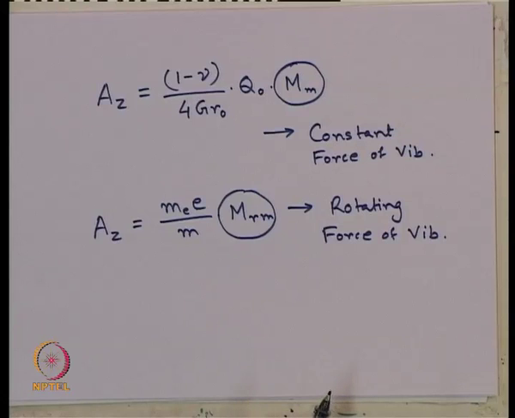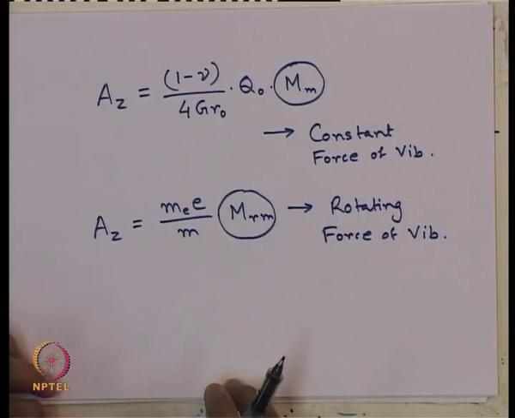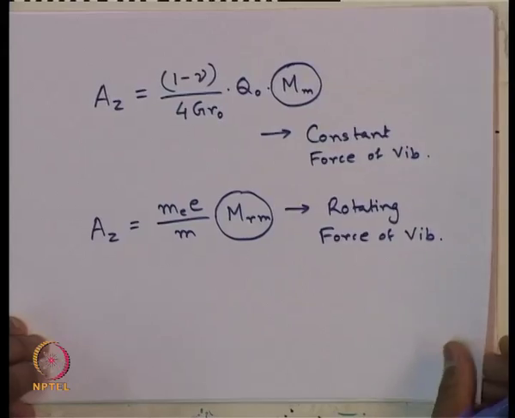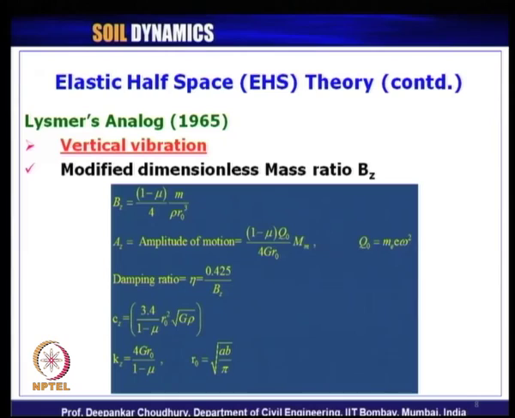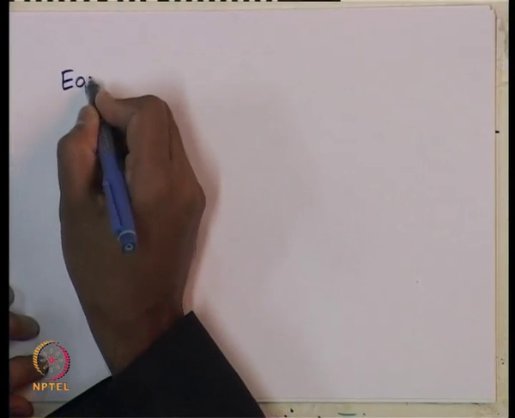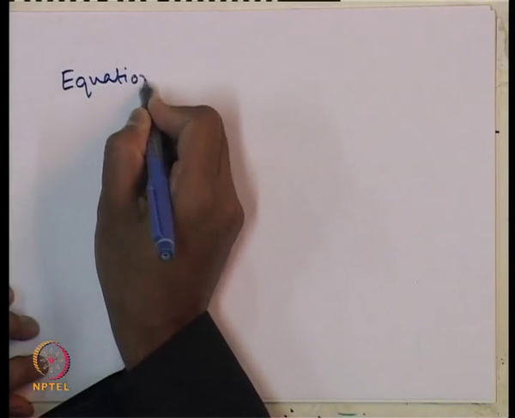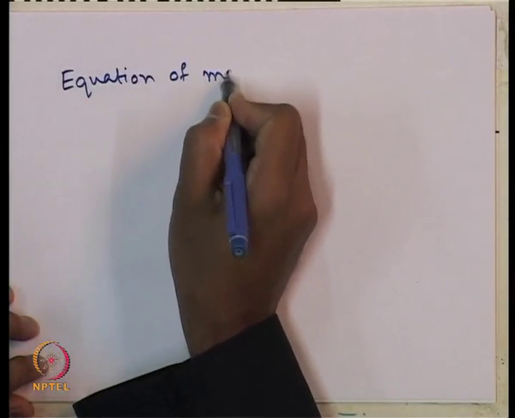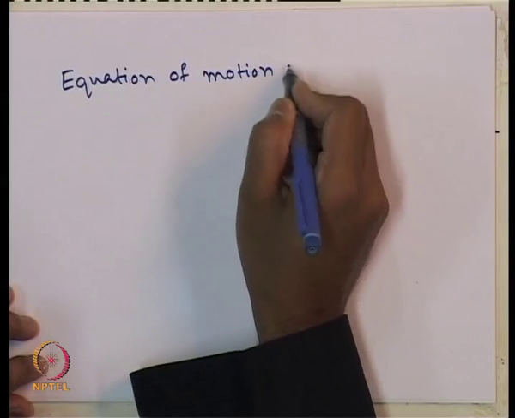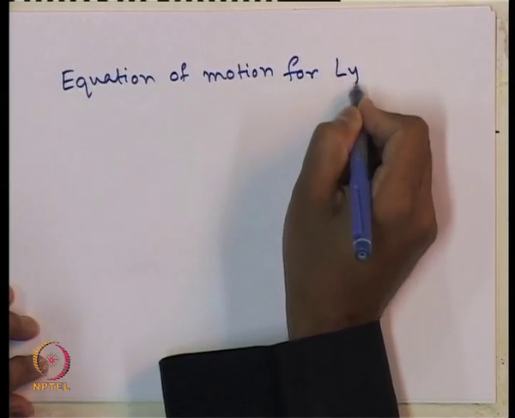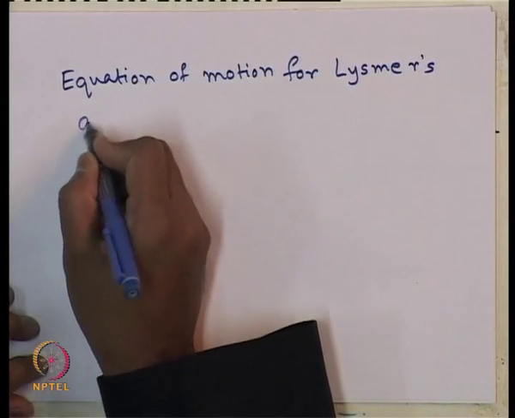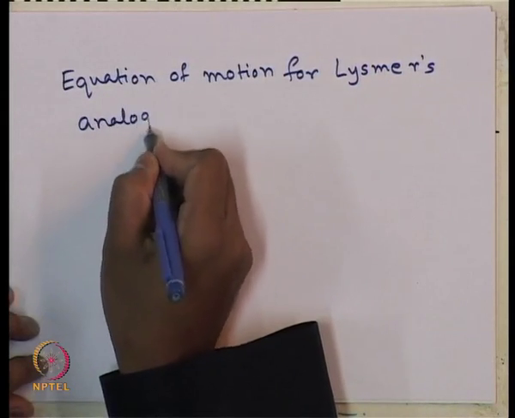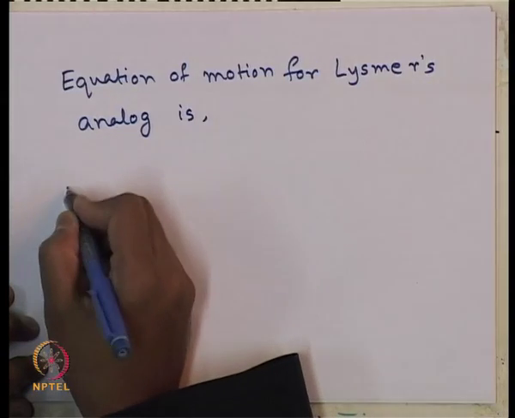What is Lysmer's analog? Basically, the equation of motion of Lysmer's analog is similar to the mass spring dashpot model. So, the equation of motion for Lysmer's analog is given by this.